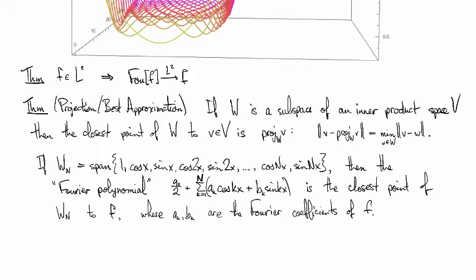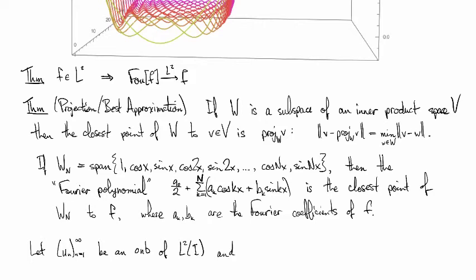Suppose we've got an orthonormal basis for L2 of some interval I, and we have that f is represented by its generalized Fourier coefficients in terms of this basis like this.